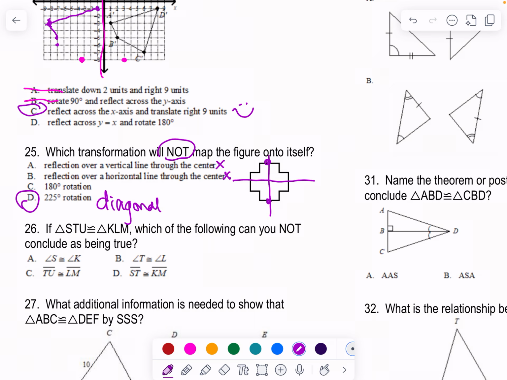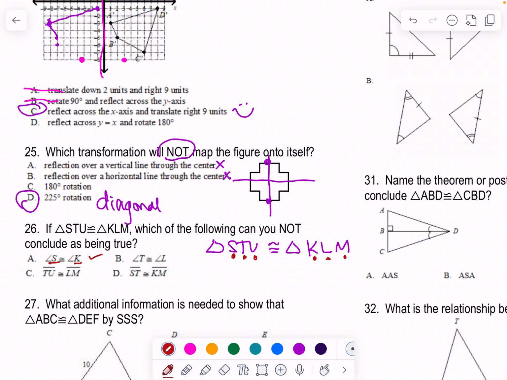If triangle STU is congruent to KLM, which of the following can you not conclude is true? If they say statements like this, so triangle STU is congruent to triangle KLM, the order of these angle measures matters, because that would mean that S goes with K, T goes with L, and U goes with M. So S goes with K, that's good.